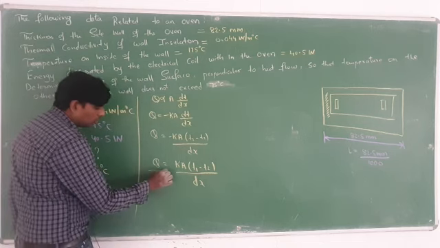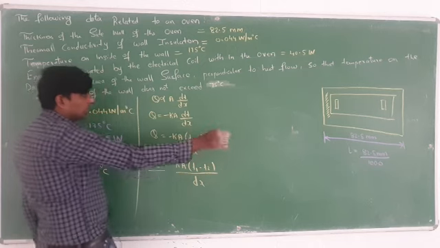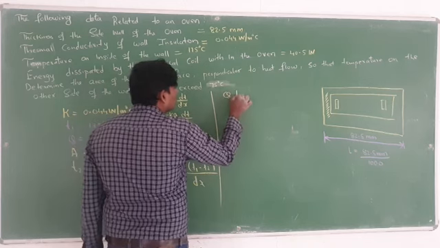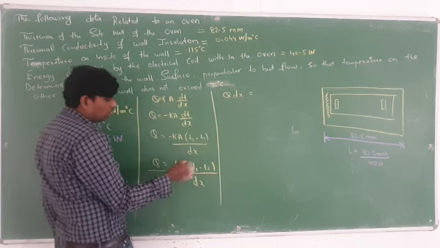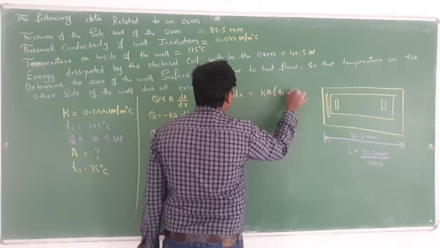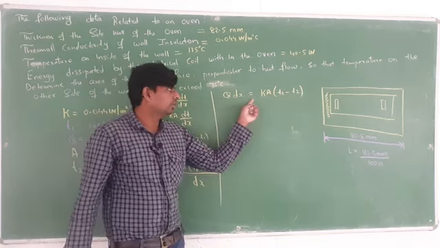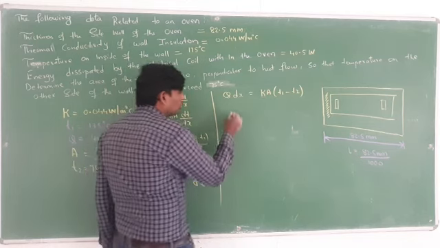After that, you have to go for cross multiplication. So here you will get like this. Q into dx is equal to K A, T1 minus T2. Then what you have to do?